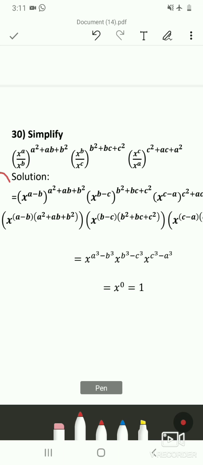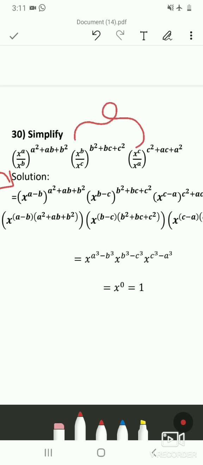So in the first step you can use the second law again, that is a raised to m upon a raised to n can be written as a raised to m minus n. Here instead of a we have x as the base, so we are writing it as x raised to a minus b whole raised to a square plus ab plus b square.